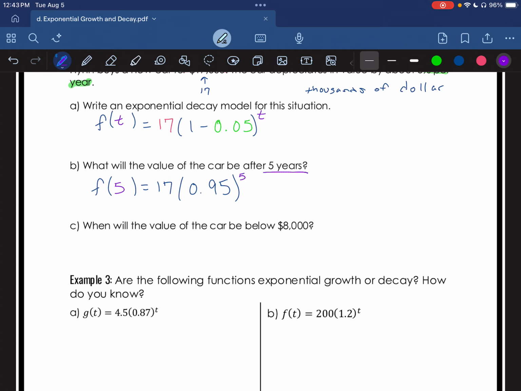Really, phone calculators have come a long way, but with complicated formulas like this, where we're looking at exponents and multiplication, they just don't really cut it.